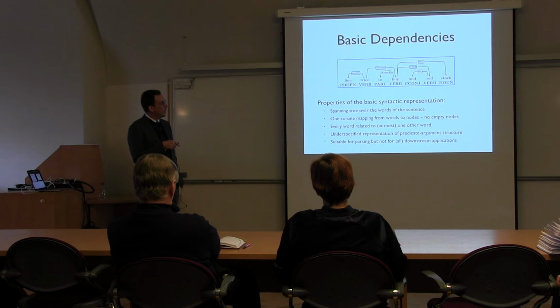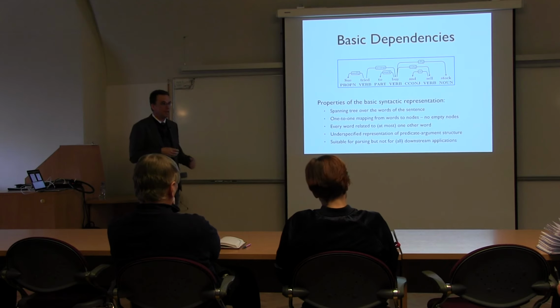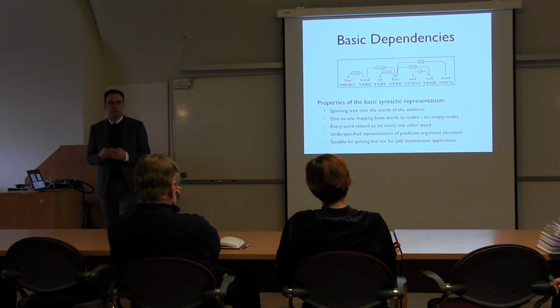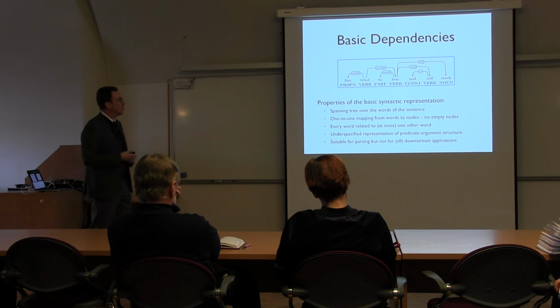So, in the case of coordination, UD adopts an analysis where the first conjunct is treated as, if you like, the head of the coordination, and then we have a direct relation to the other conjunct, in keeping with this principle of giving priority to relations between content words.